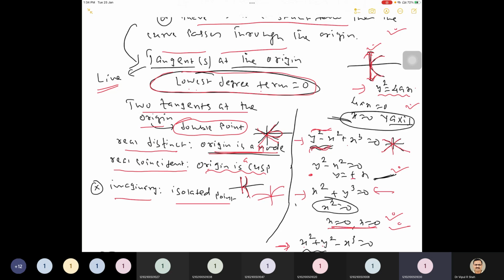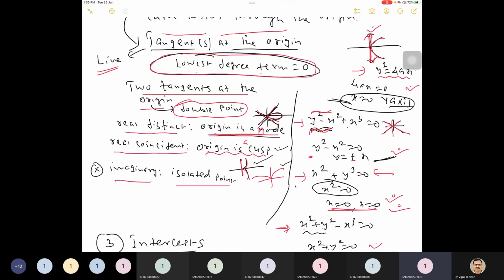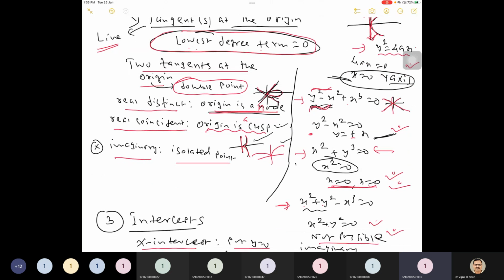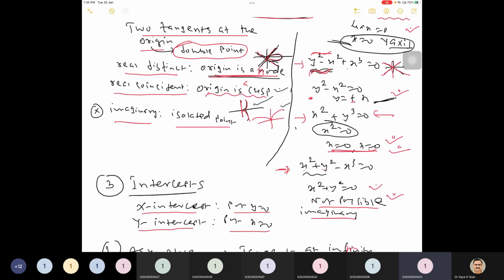If they are real and coincident, we call the origin a cusp, and the shape is as discussed, like this. If they are real and distinct, then the shape may be like this, or any other type of shape, but the tangents are these two, real and distinct. We have also given examples where you find the different types of tangents.